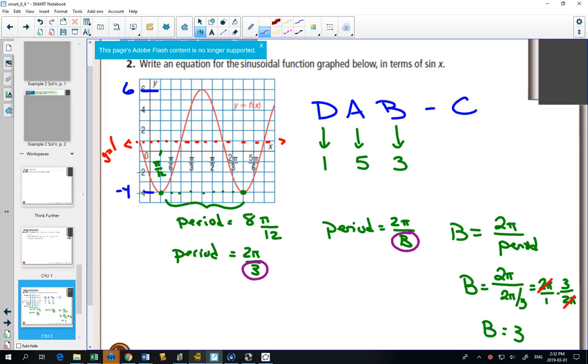Can you find a point on your center line going up? We have one right there. It's on the center line going up. What does that mean? That means we've gone 1, 2, 3. Three pi over 12 to the right.